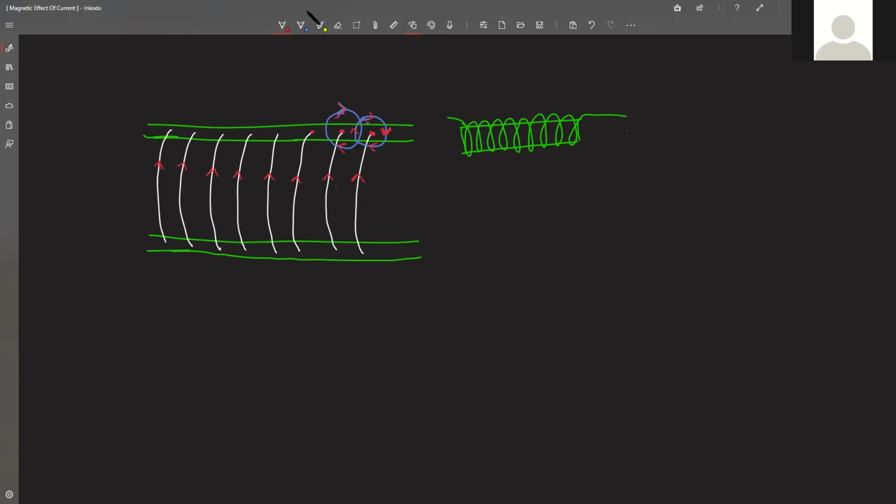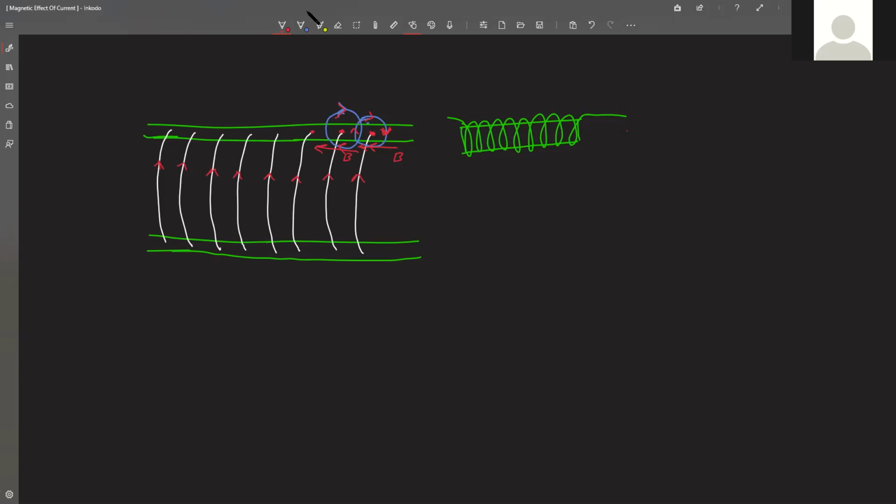Now see what happens. Inside, the tangent here will be in this direction. So this will be the direction of magnetic field. For the first line also, it will be in the same direction. So what we see here is these magnetic fields inside are all in the same direction.